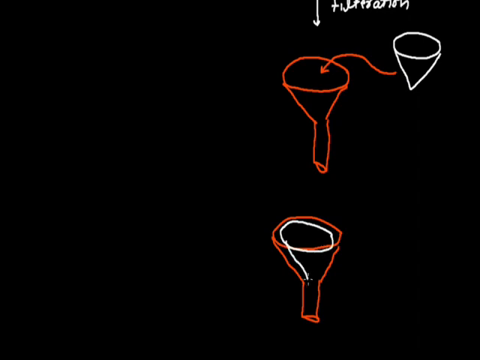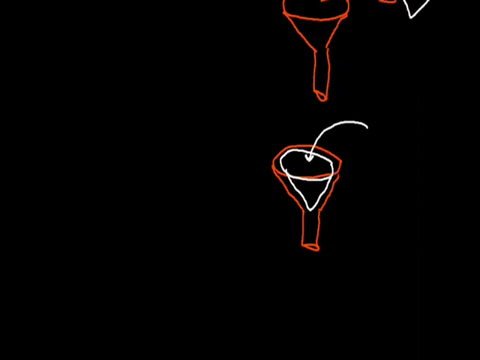Filter paper is made up of a porous substance, or we can say that there are pores between the particles of filter paper. Now we add the solution here, and we use a container here to collect the solution of salt.